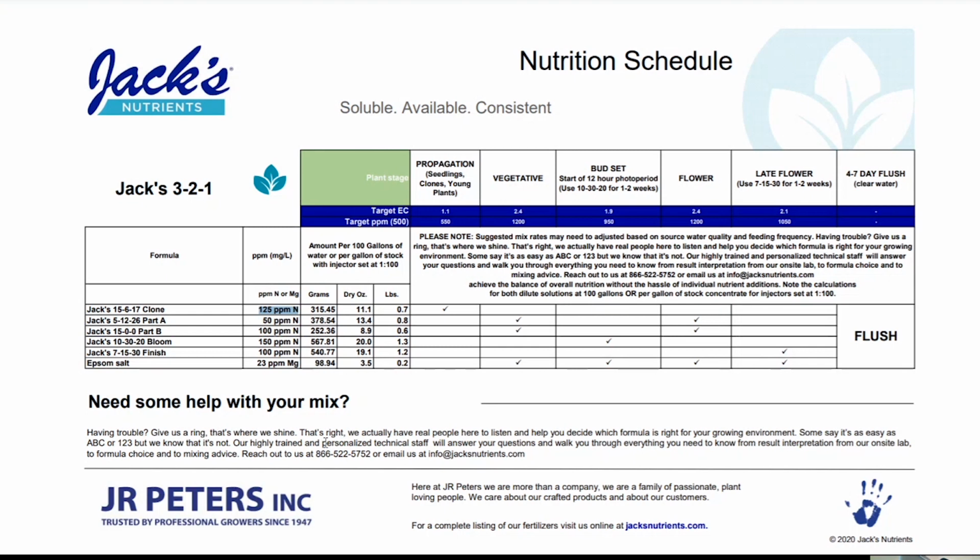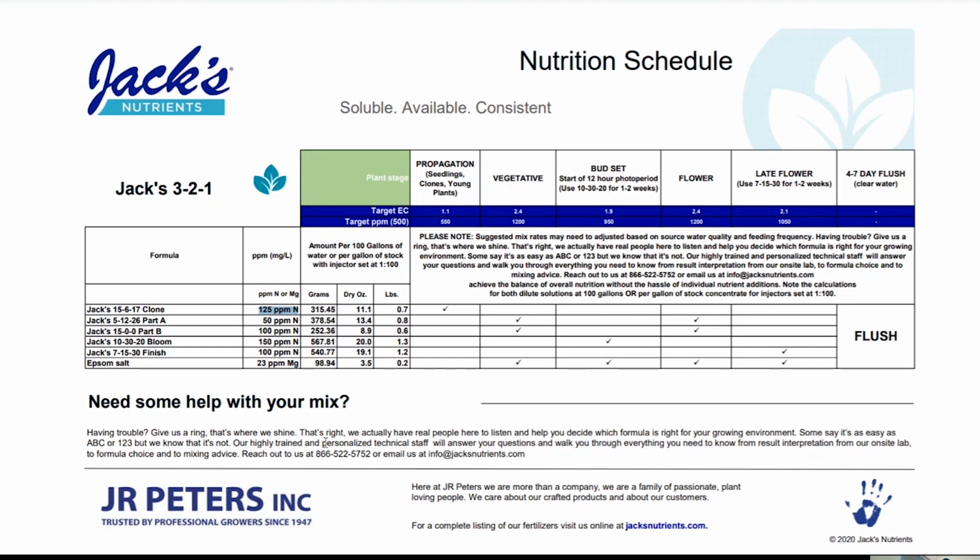So what that's saying is by mixing the 15-6-17 at a rate of 3.15 grams per gallon of water, we are going to be delivering 125 parts per million of nitrogen to the plant at the propagation stage.